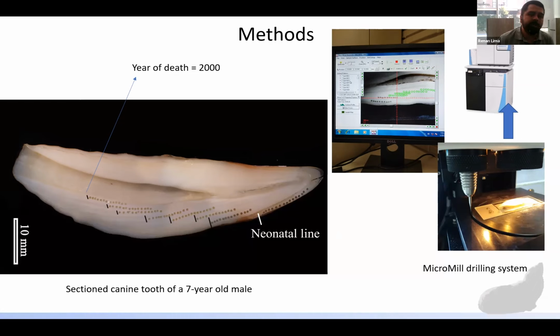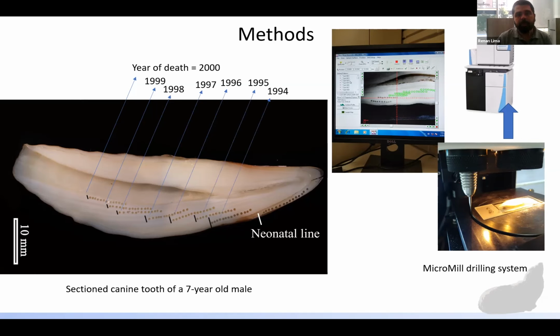So we have the year 2000 for the year of death, and then the previous GLG for the year 1999, then 1998, and so on until the first GLG, which would correspond to 1994. So for each individual, we constructed an isotopic time series.